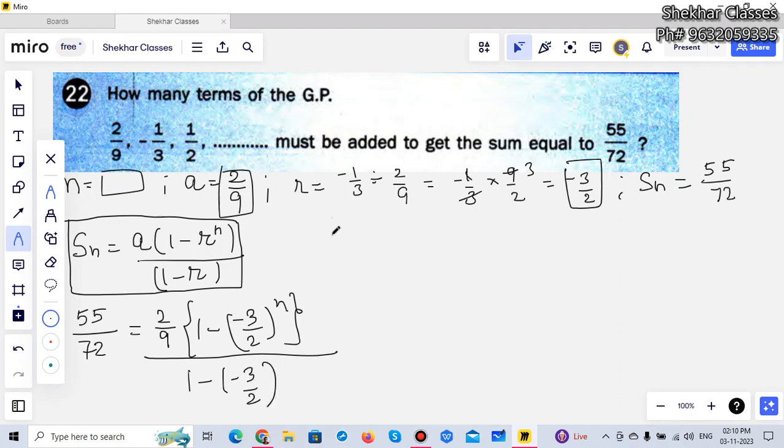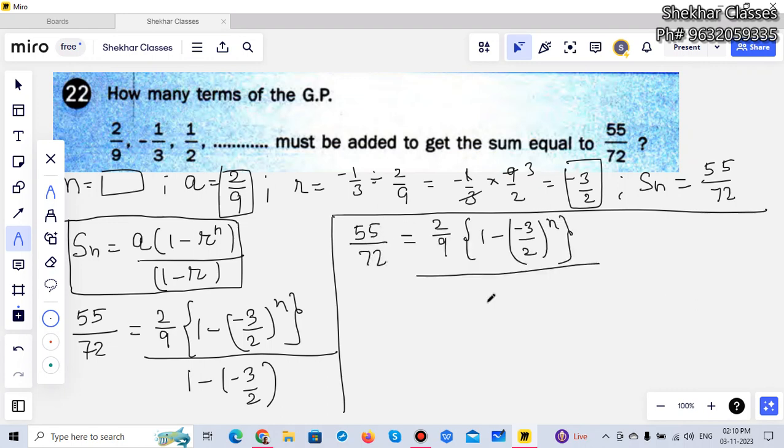Now let us solve it here. So 55 upon 72, everything will remain the same except this one. We can solve it. 1 minus minus 3 by 2 is 1 plus 3 by 2, since minus and minus is plus.